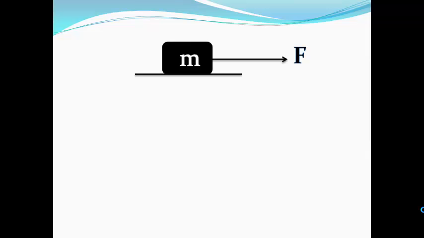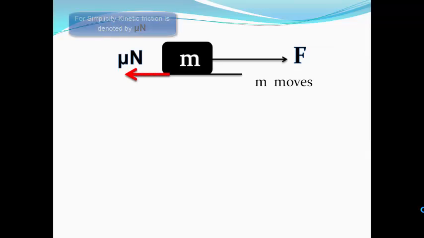Similarly, if we have a situation where under the effect of applied force, M moves, in that case we have kinetic friction acting in the opposite direction, resisting this relative motion.